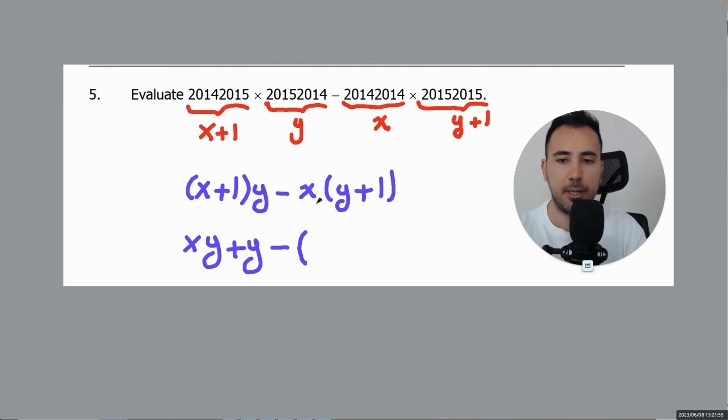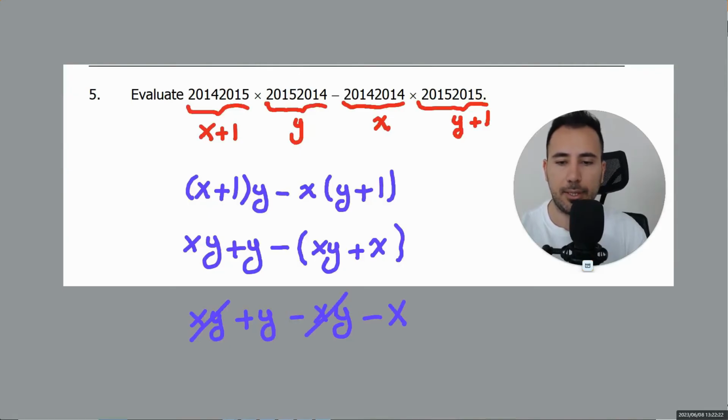So I'm going to write it here. Minus xy when we multiply it. And you see x is plus here. It will be x. But you see that this minus belongs to both of them. So it will be xy plus y minus xy minus x. And now you see that xy's are canceled. All you have to do is find y minus x.